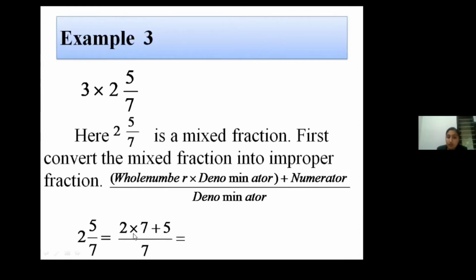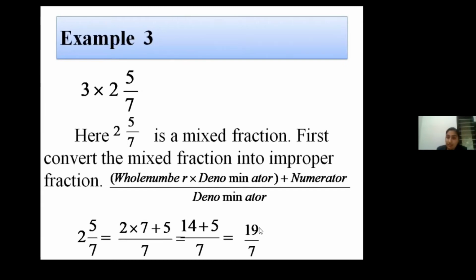So 2 into 7 plus 5 by 7. 2 into 7 is 14, and 14 plus 5 is 19. So the answer is 19 by 7. When we convert the mixed fraction into an improper fraction, we get 19 by 7.